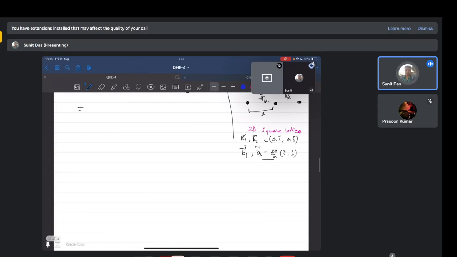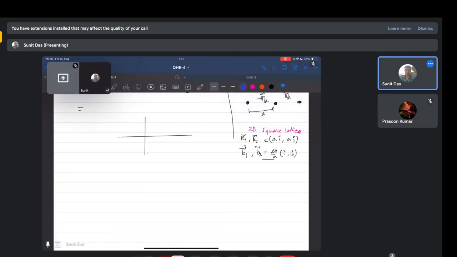So let me draw here. Let's say this is my Brillouin zone, this is the ky direction, this is the kx direction, pi by a, minus pi by a, and so on.